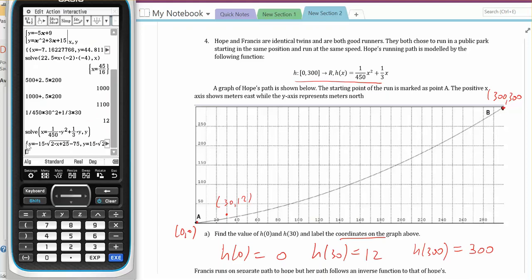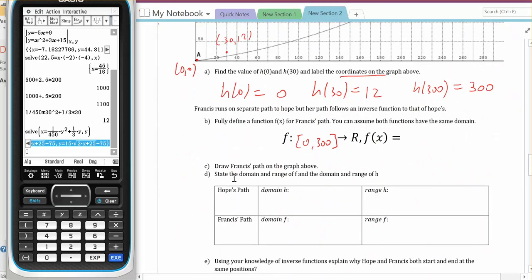Which one's which? Because I'm expecting the inverse to look something like this, it's going to arc this way, rather than this way. It's going to be the positive version. So it's really important that you select the right version for the inverse. So the positive version is over here. So let's write it down. So we got 15 square root of 2x plus 25 minus 75.